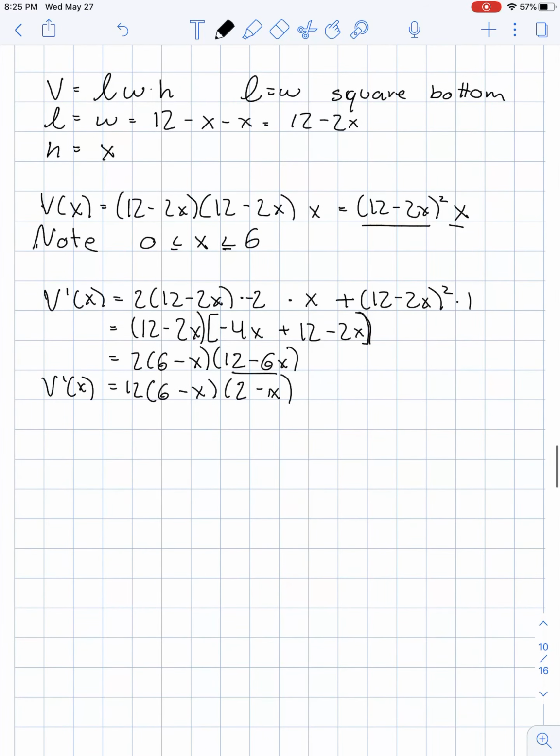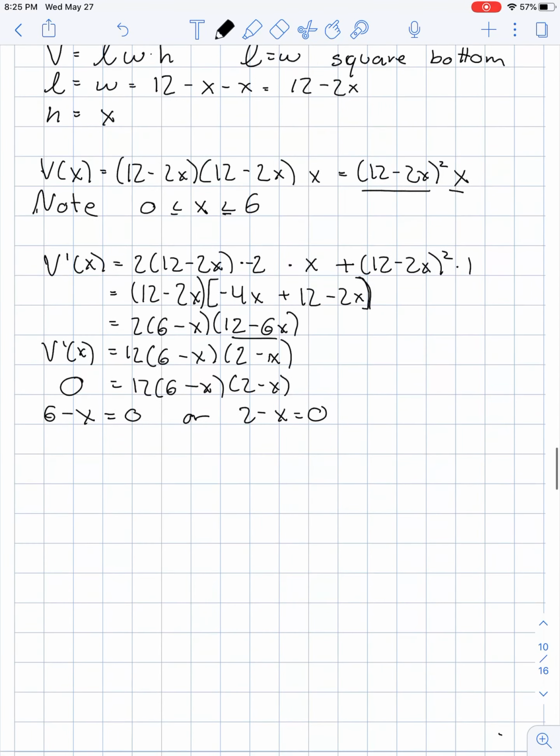So now I'm going to set that equal to 0, which tells me that 6 minus X is 0, or 2 minus X is 0. So either X equals 6 or X equals 2.